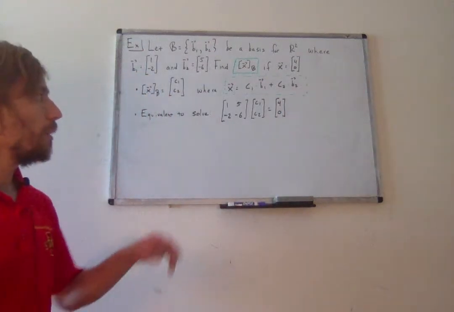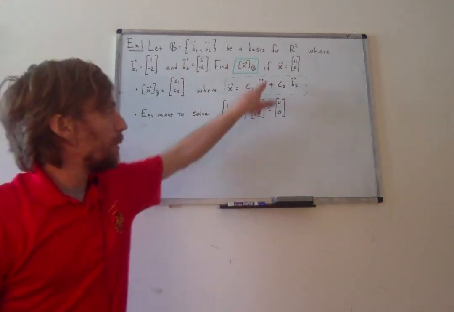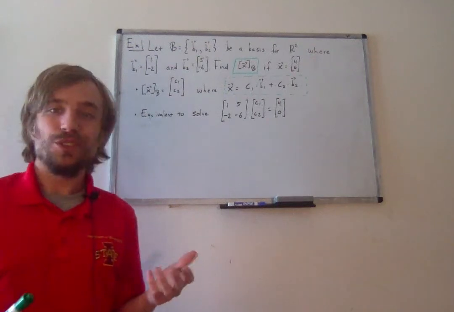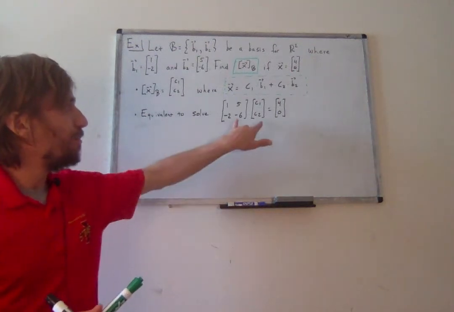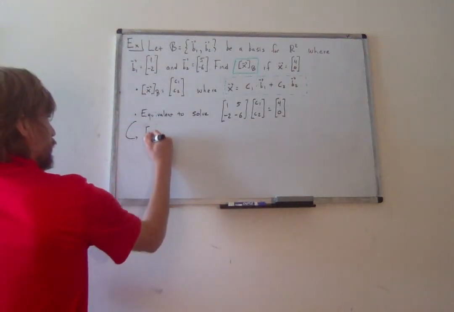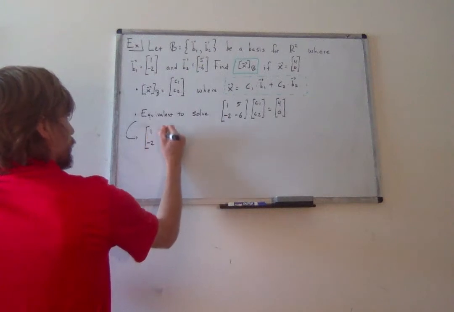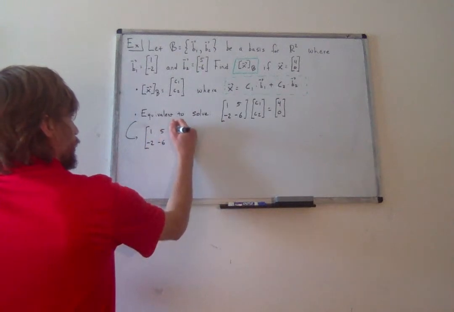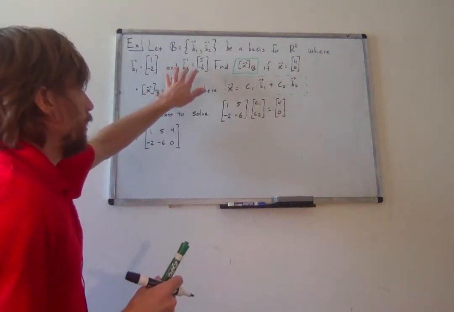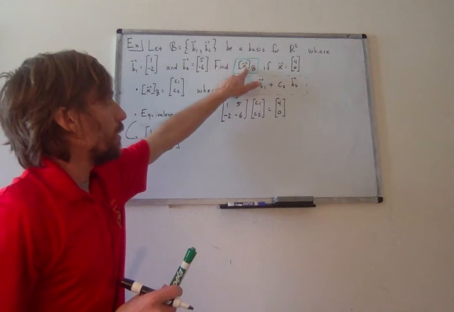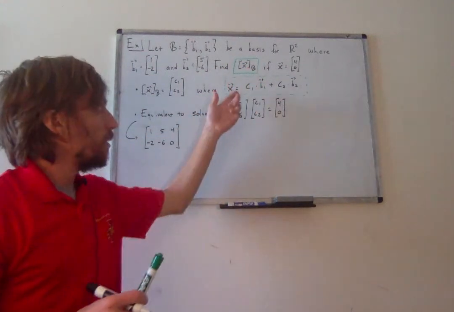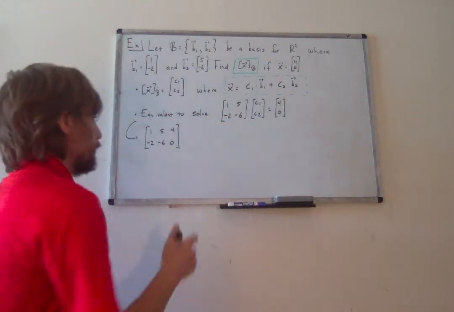This might be a little weird because we're used to x being here, and maybe this is poor choice of notation by the book and then by extension me, because I chose to use the book's notation. But we know how to solve this matrix equation. To solve this, we just row reduce the augmented matrix. So if we're given a basis for R2 and asked to find the coordinate representation of any vector, and actually we can extend this to Rn, it's just equivalent to solving a matrix equation.